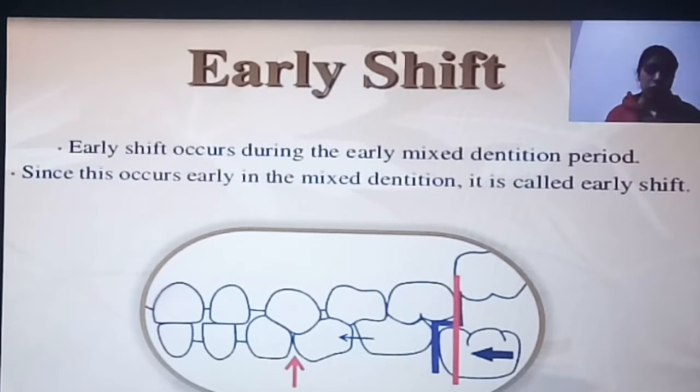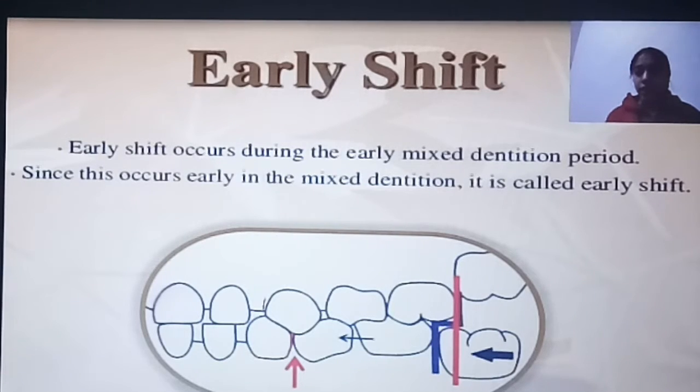Now what is early shift? We have discussed primate spaces in the last few slides. It is present mesial to the canine in the upper arch and distal to the canine in the lower arch.